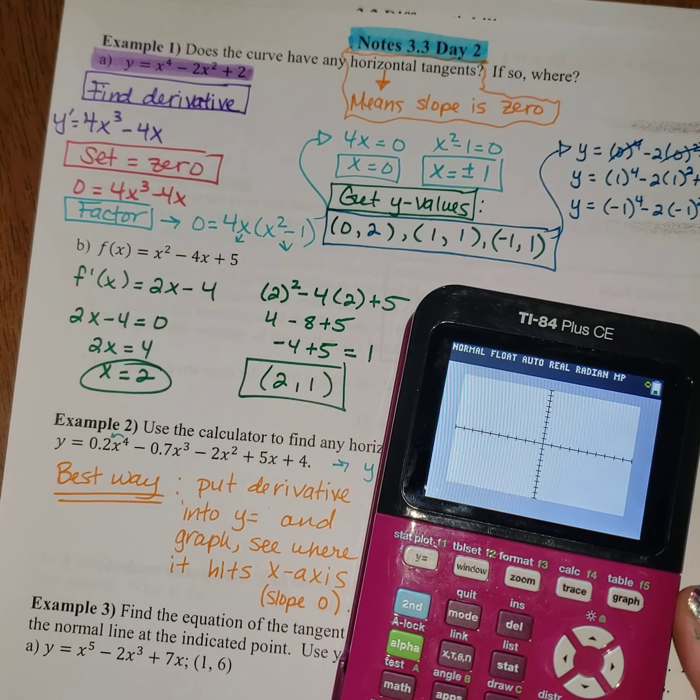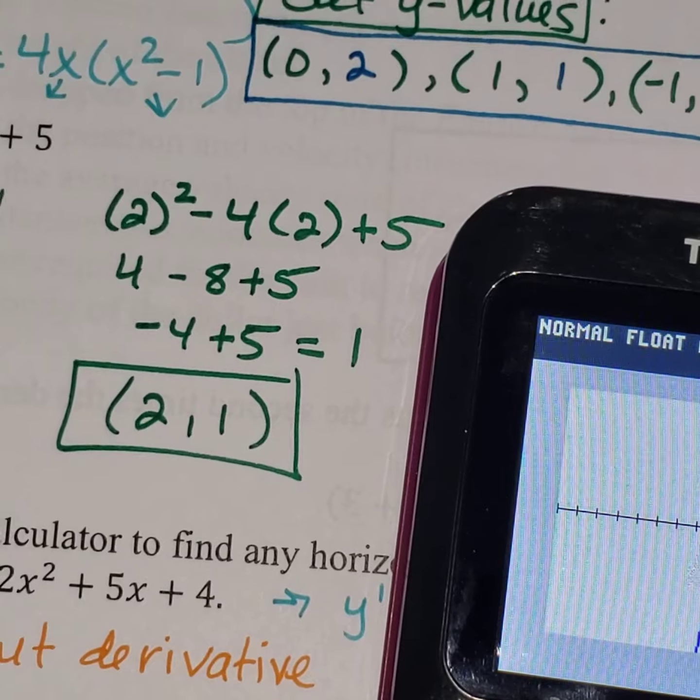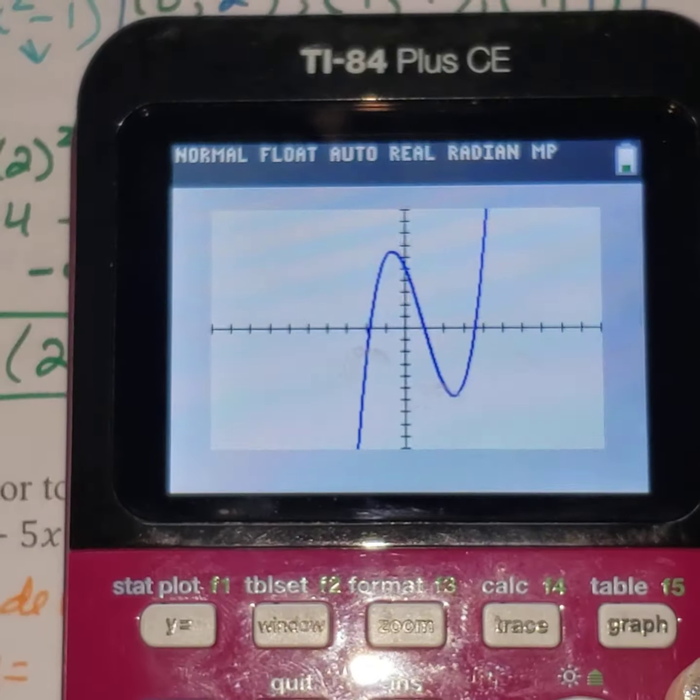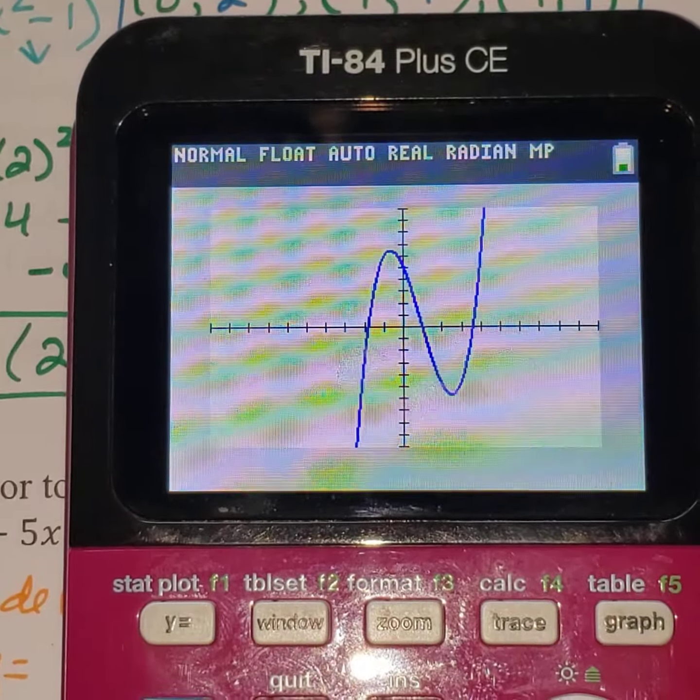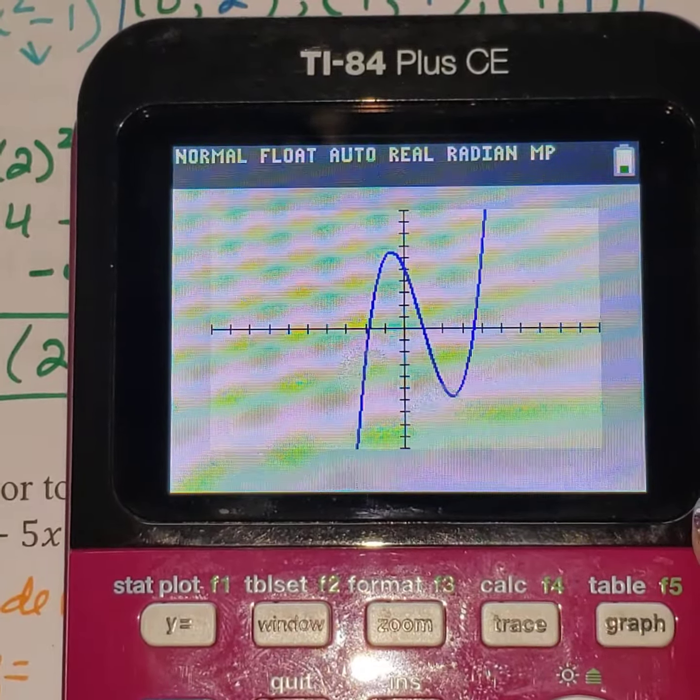So what we got to do, let me zoom in for you guys. What you got to do is move the cursor so that you can see where the x is. So see how I hit the right arrow on my arrow buttons right here? And so I want to go back over here and see, okay, oops, went past it.